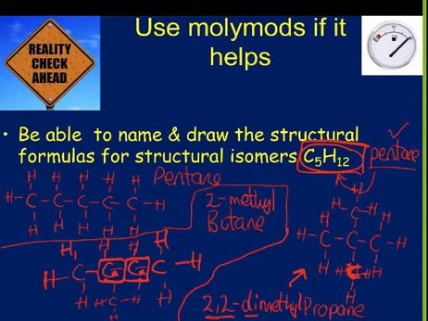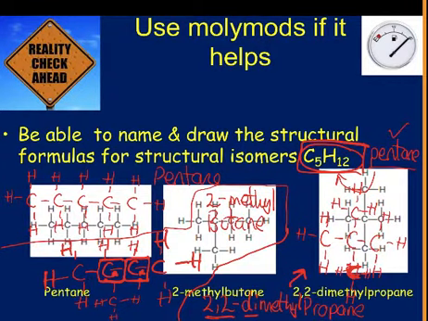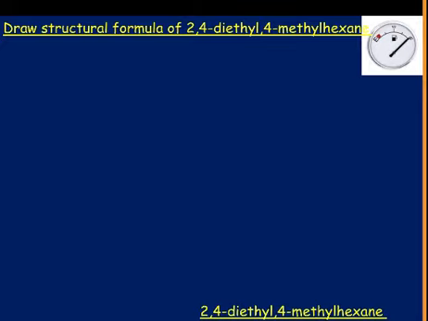So you work from the end of the name, you draw your main chain, number your carbons, shove your side groups on.